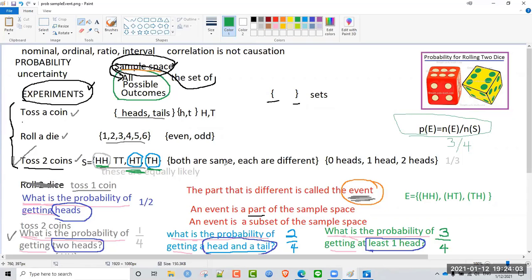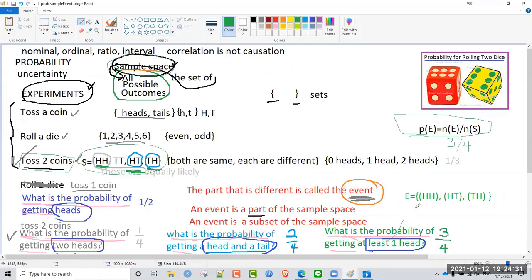Now, but don't forget that in order to come up with all of this, you need to think about the experiment. So experiment, tossing 2 coins. You need to think about the sample space. So this is the sample space in this case. And then when you see the question, you have to say, oh, what's the event? Oh, it's here.